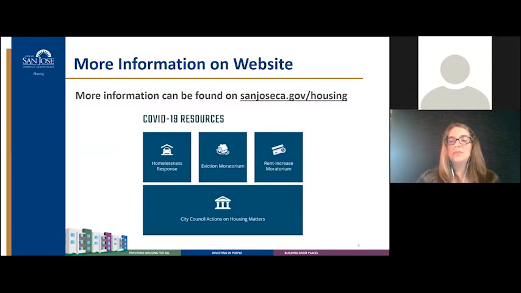So we have set up special web pages just to provide information to the public regarding all of the changes that have taken place under COVID-19. So you can find our eviction moratorium page where we talk all about the eviction moratorium. There's lots of information there. And now we have a new site for our rent increase moratorium. So both of these are available and full of information for anyone who wants to learn more about this. Next slide.